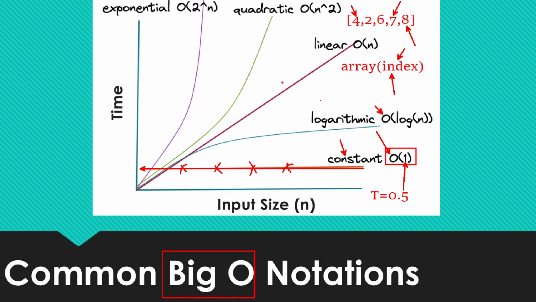Now let's look at another example. For example, how do we come up with a linear time? The linear time is called O of n. So how do we get this O of n?